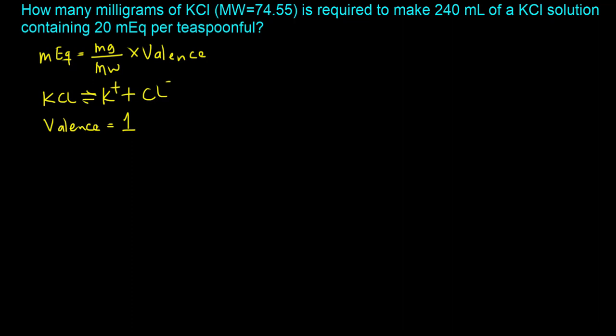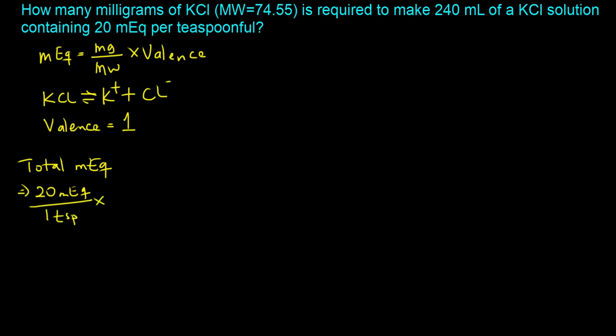The next thing we need to do is determine the total milliequivalents present in the 240 milliliter KCl solution. And so the total milliequivalents would imply that we'll start off with 20 milliequivalents per teaspoonful.